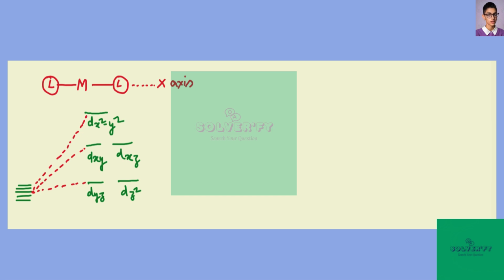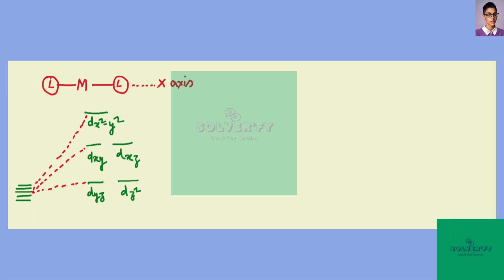So the splitting of the d orbitals takes place due to the interaction of the metal and the ligand. If the repulsion is more, the energy of that orbital will be more, and repulsion is maximum when the ligand is coming along the x-axis.